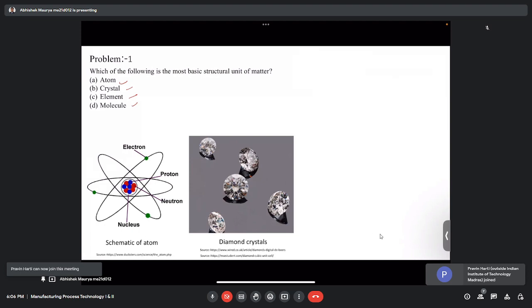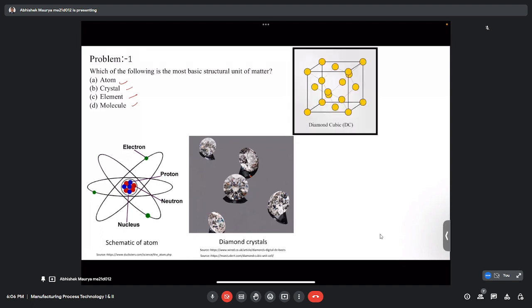Diamond crystal is also made up of carbon atoms, but carbon atoms are arranged in a very periodic manner. Inside the diamond crystal, they are arranged in this way, which is called diamond cubic.